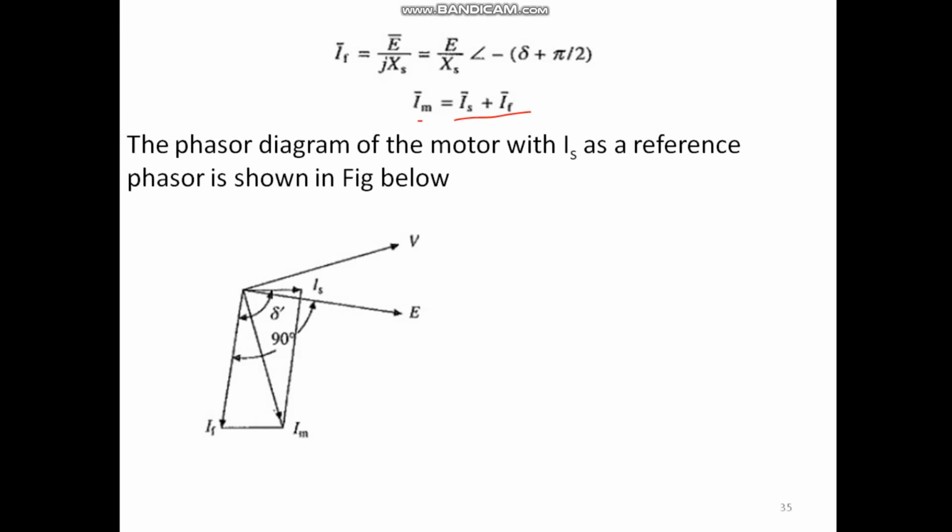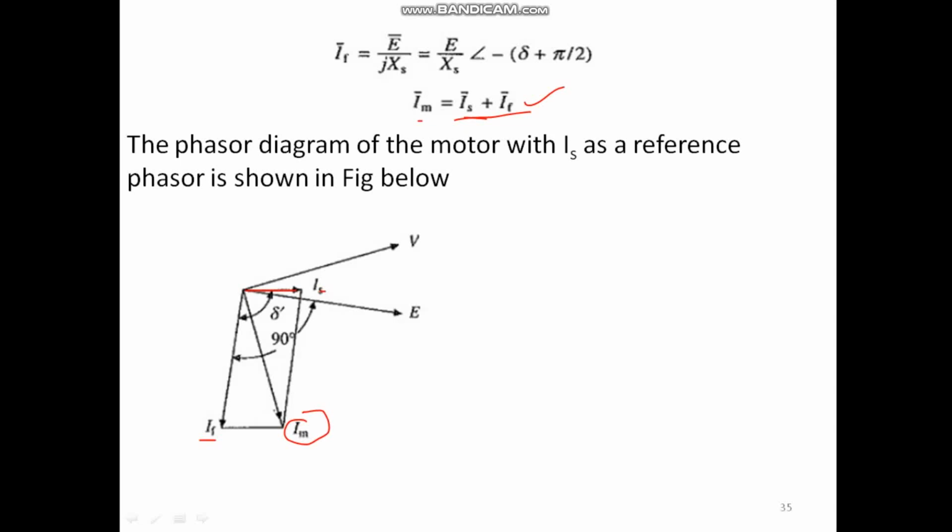So first what I'll draw: this is my Is, and this is my If. We know that Is plus If equals Im, correct?